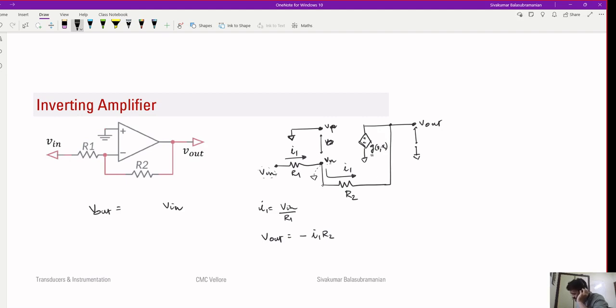If the current is flowing like this, then the voltage difference between these two points, 0 minus V out, would be equal to I1 R2. So that's why you get V out equals minus I1 R2. And I1 is V in by R1, so we get minus R2 by R1 into V in.